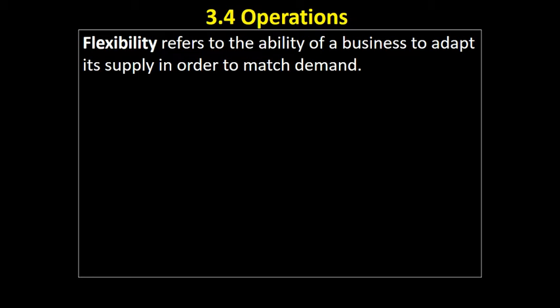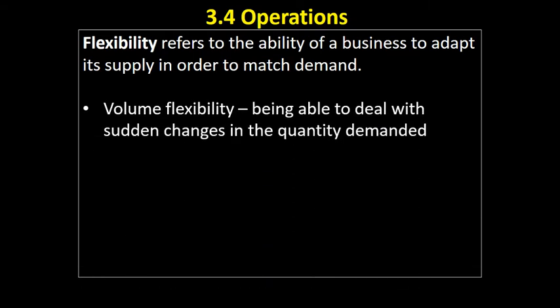Customers may experience change in demand in a number of ways. So there may be changes in demand in terms of the amount of volume required. Can a business suddenly deal with an unanticipated increase in demand, or equally an unexpected decrease in demand, or are they going to be overproducing goods that they're not going to be able to sell?